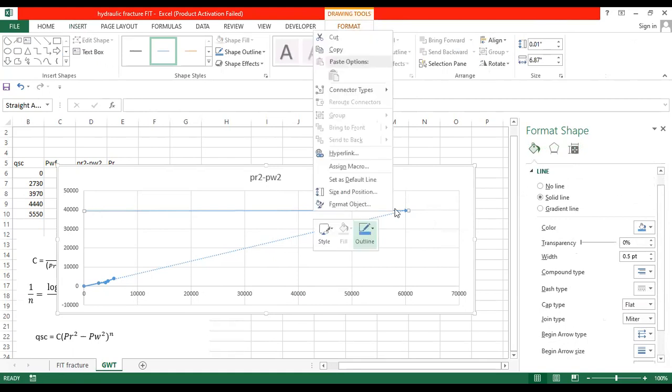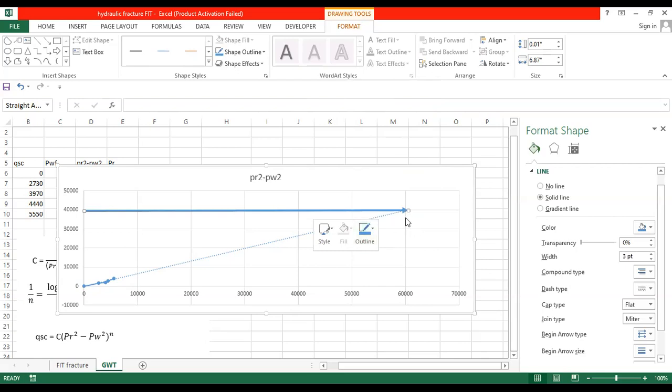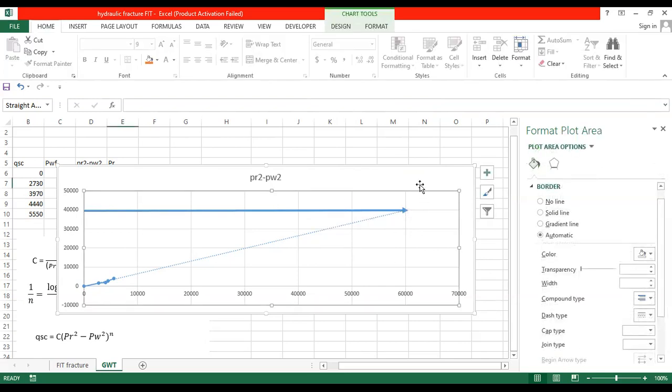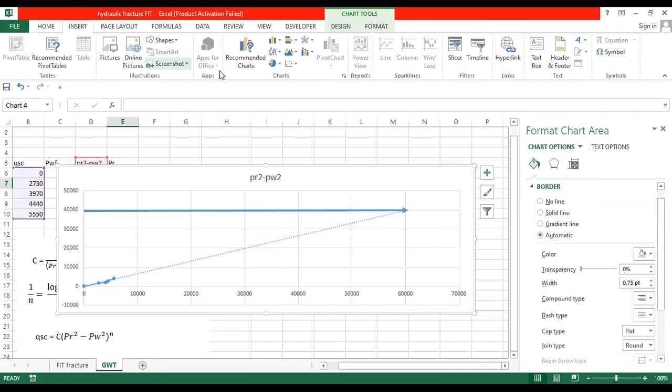I'm going to just highlight that. So these both have intersected at this point, and we need to project that towards the x-axis, and it is coming almost equivalent to 60,000. So 60 MSCF per day. So that is the value we are getting from the graphical side.